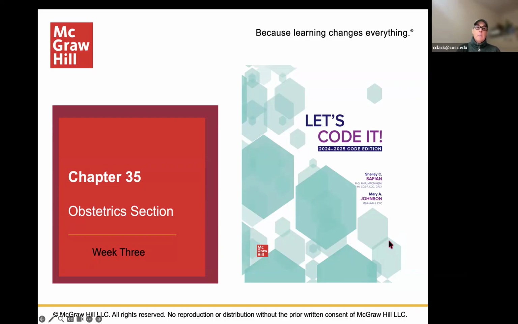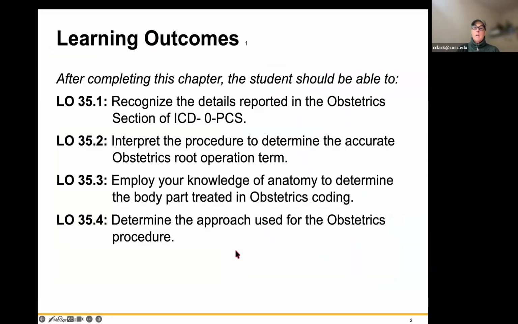So this week we're jumping into the obstetrics section for chapter 35. The goal for week 3 is to learn what makes OB coding different from medical surgical. You're going to learn how to build a code character by character, but you're also going to be looking for OB specific details in the documentation.